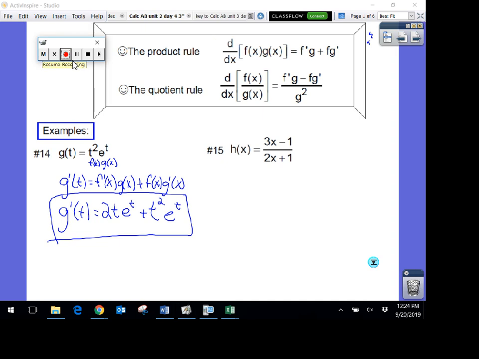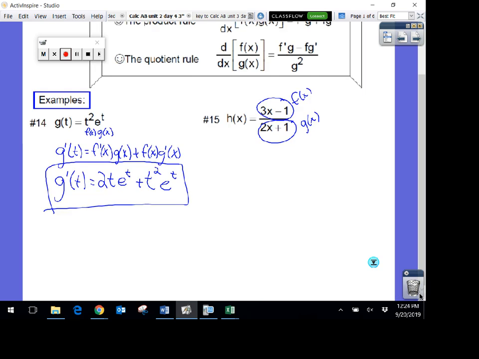Next one is your quotient rule. So this is your f of x, and this is your g of x. All right, so we want to find the derivative. So h prime of x is f prime. Okay, so we want to find the derivative of 3x minus 1.